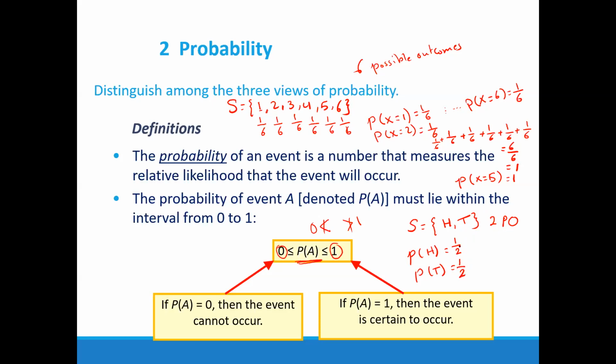Fair here means that no face weighs more than the other, or that no cheating happens during the flipping process. It's a random process. So the expected probability for getting head is half, and the expected probability for getting tail is again half.